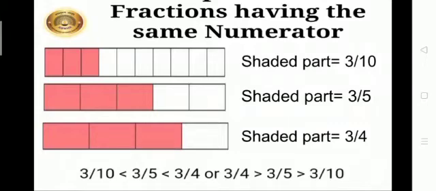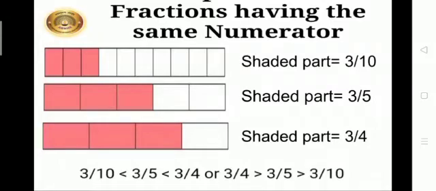When we compare the area that is shaded in all the 3 strips, we can see the area in the first strip appears to be the smallest, and the shaded area in the third strip appears to be the biggest, and that of strip second lies in between that of first and third.